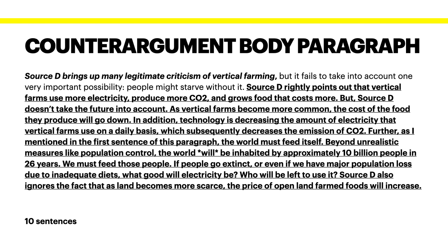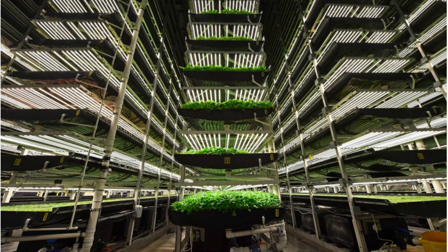And by the end of the advent of the VCR, as we moved into DVD players and now streaming, everybody had a VCR, everybody had a DVD player. They were ubiquitous and they were affordable, and I argue in this paragraph that the same thing will be true of vertical farming.